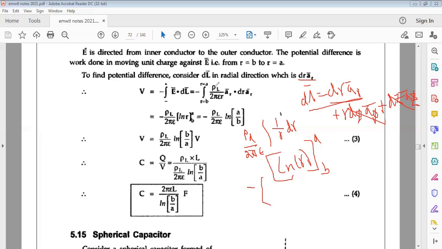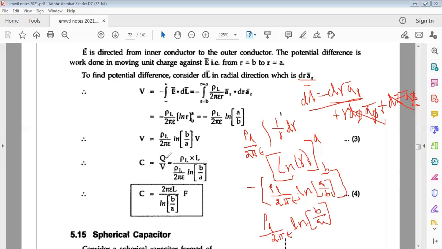After substituting the E bar for an infinite line charge, with dl bar having the R component only, rho L by 2 pi epsilon into ln of A by B. Because the minus is there, we represent it as A by B, and by interchanging to B by A, rho L by 2 pi epsilon ln of B by A. Whenever you interchange, the negative becomes a positive difference. So voltage we got.